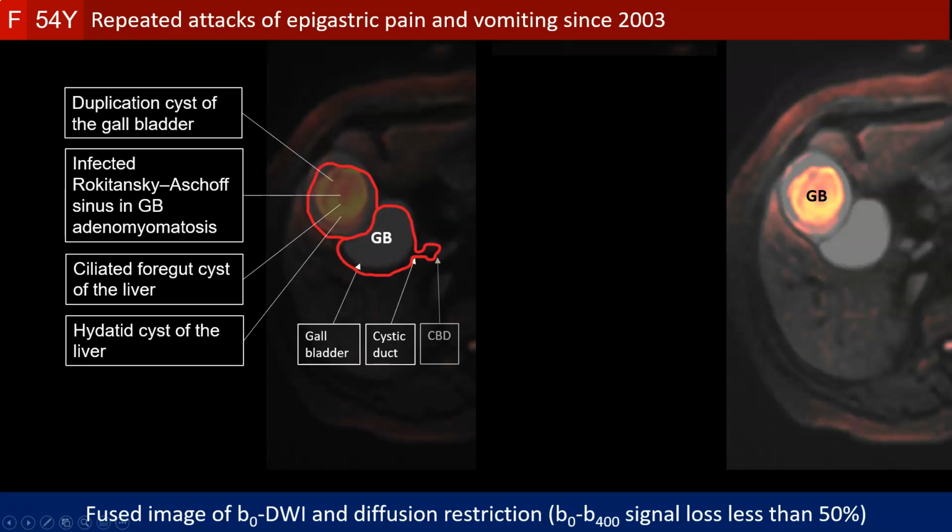Considering the posterior structure to be the gallbladder, we have here the common bile duct, cystic duct, and gallbladder, and then the structure which sits at the fundus of the presumed gallbladder could be one of four things: either a duplication cyst of the gallbladder, infected Rokitansky-Aschoff sinus in adenomyomatosis, ciliated foregut cyst of the undersurface of the liver at segments 4 and 5, or a hydatid cyst also projecting from the undersurface of the liver at segments 4 or 5.